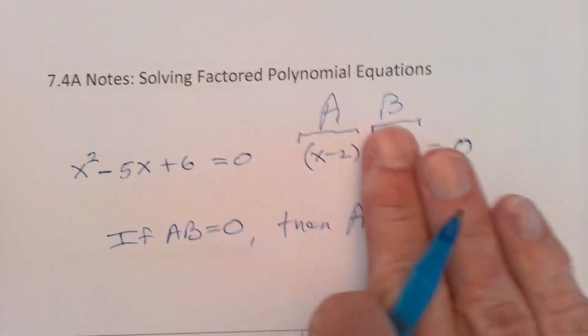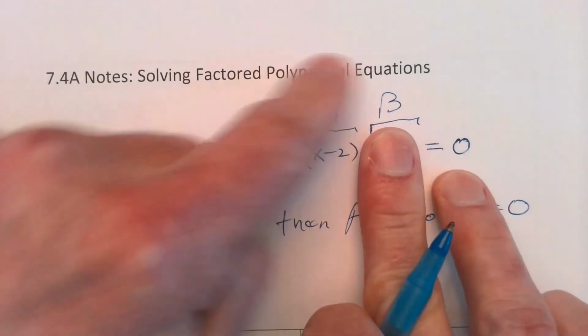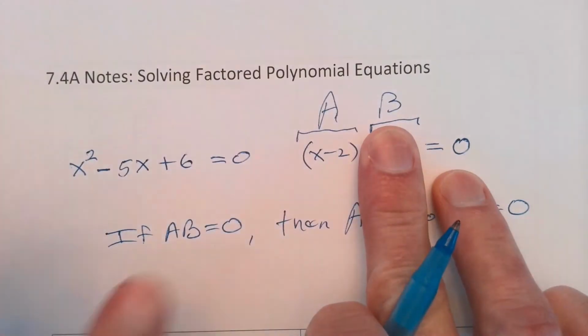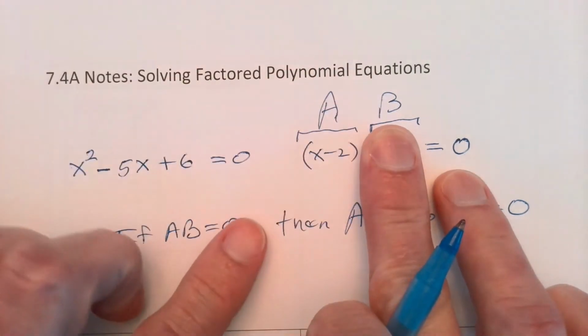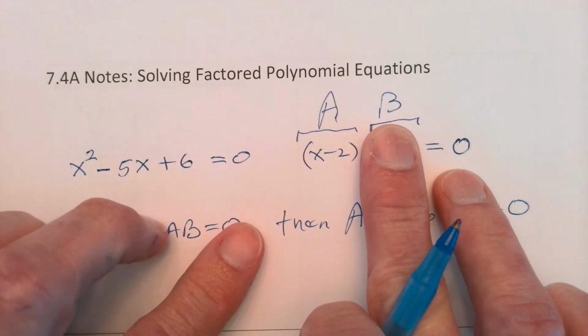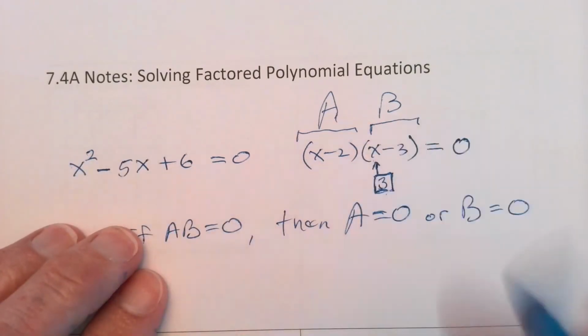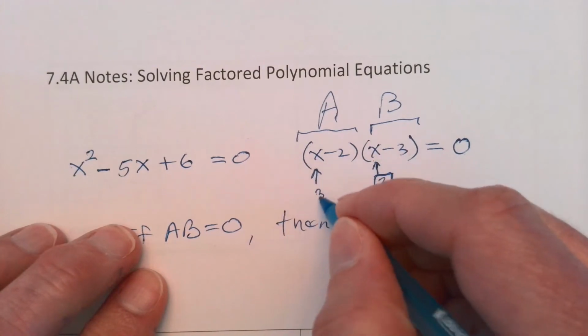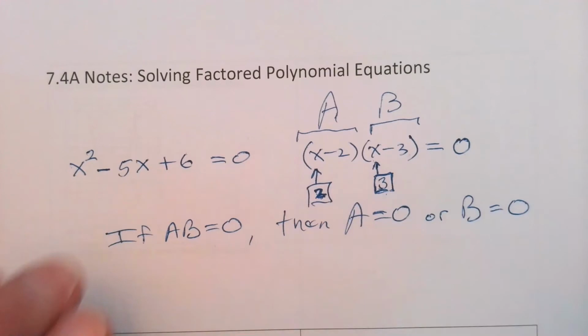You cover up the second one and take the case where maybe 0 is the answer over here, because A is 0, not x, but this whole factor is equal to 0. Well, then it must be because x is 2, because 2 minus 2 is 0. So now you have your other answer.